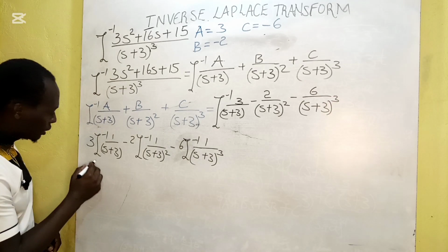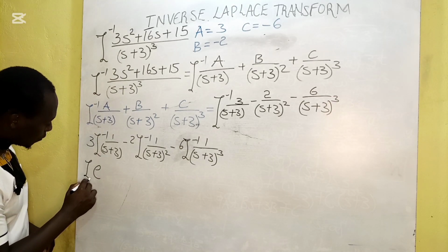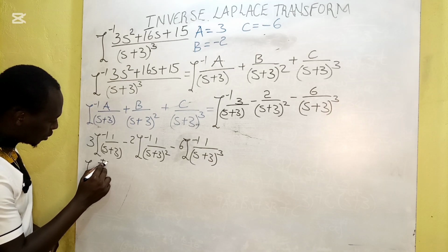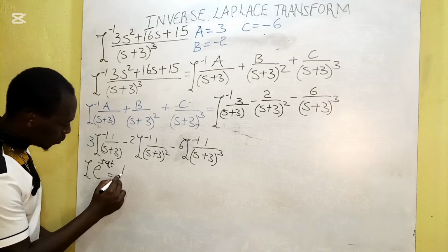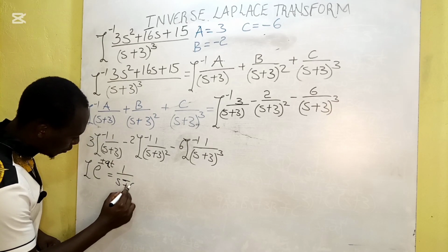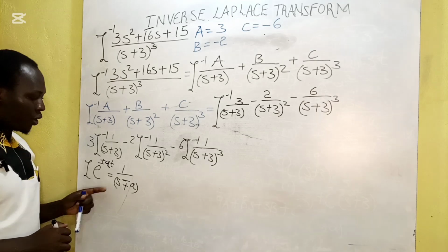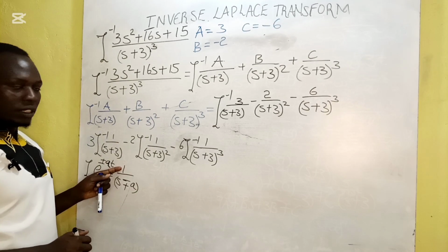We agree that the Laplace transform of exponential positive or negative of a t is equal to 1 all over s negative or positive of a. When you check our numerator here, you will find that it is 1.